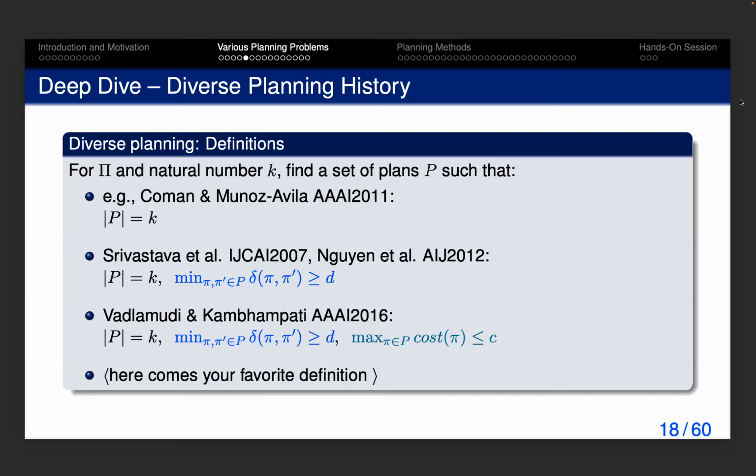And you want those distances between them to be at least a distance d. So d is given to you. And then later on, you actually also care about the cost. So now you also have a bound on the quality of the plans that are generated by your diverse planners. And there could be many others that did mention diverse planning in the literature.